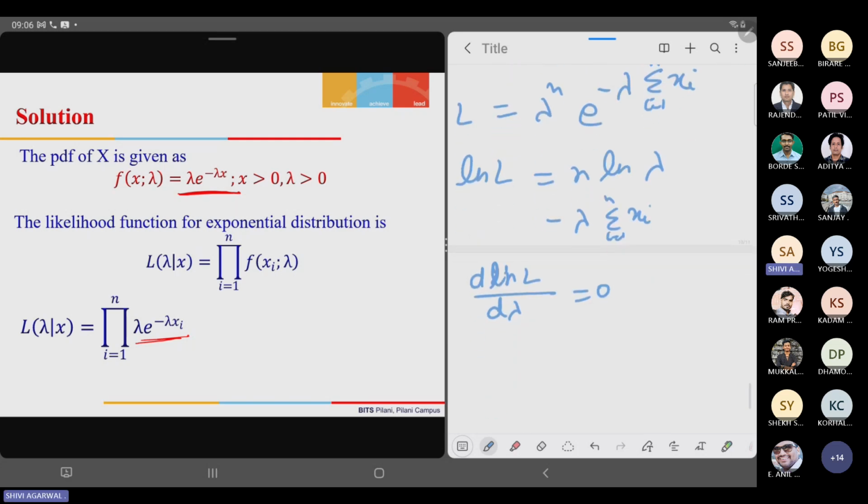Okay, all steps are the same. This is the simple algorithm. So it will become here n upon lambda minus summation of i equal to 1 to n xi, and put it equal to 0.